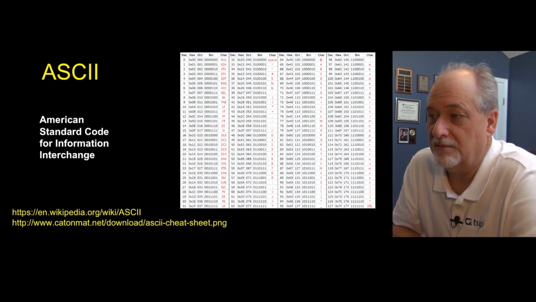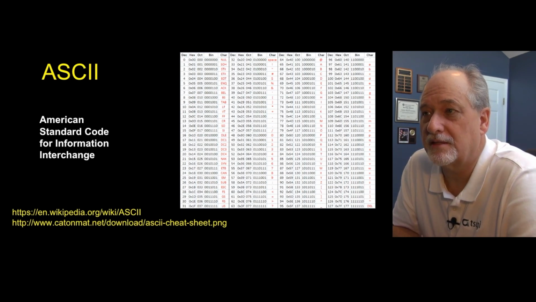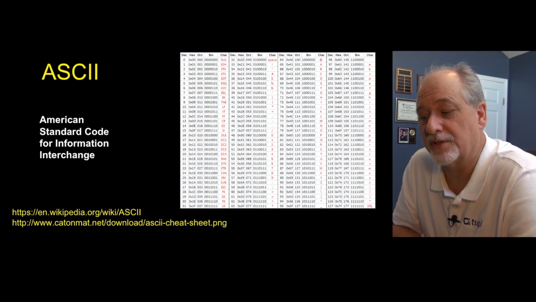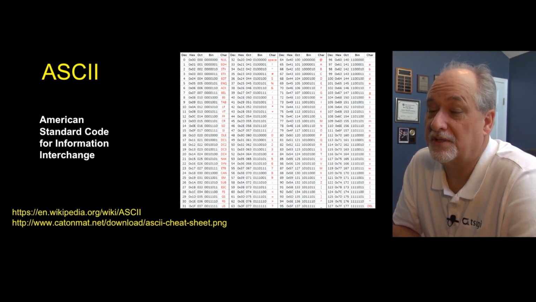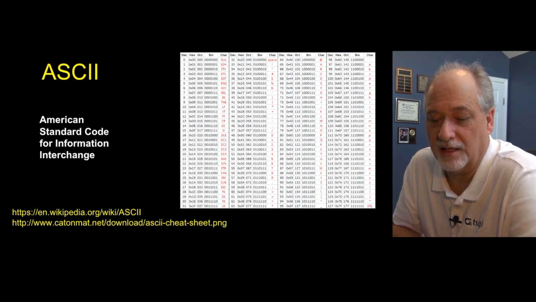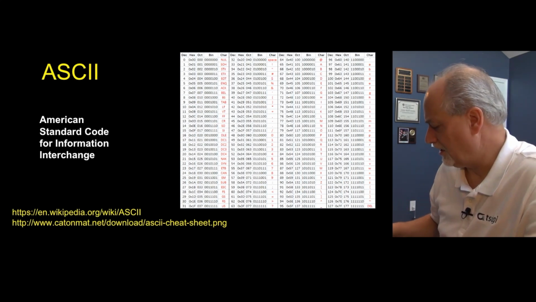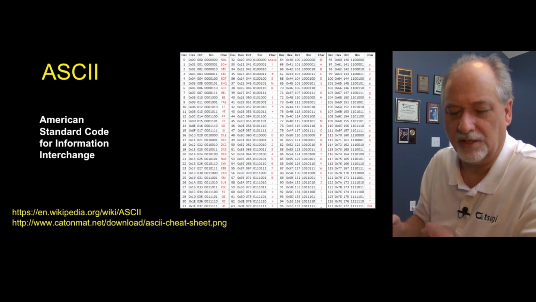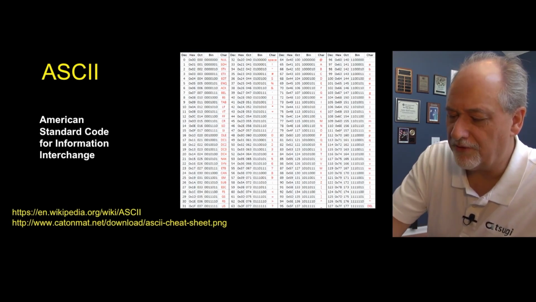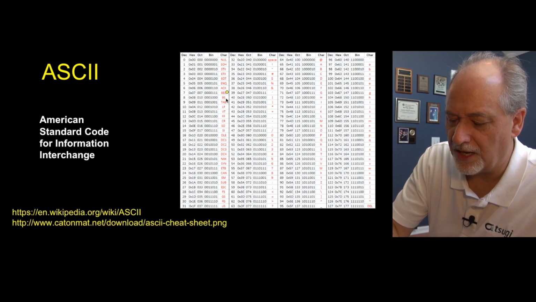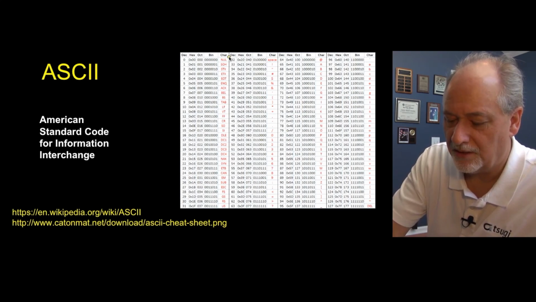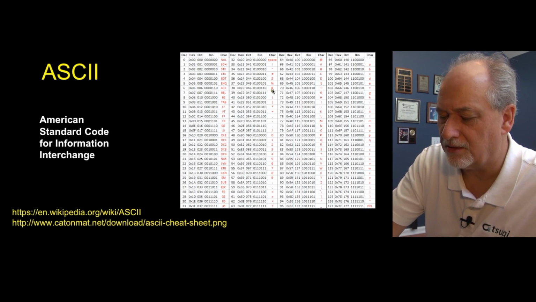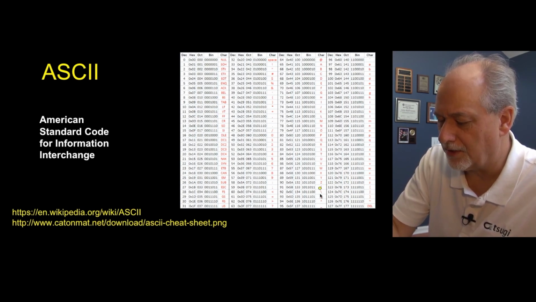Let's go. Didn't matter. And as the 70s and 80s came along, certainly the 70s, we needed some interoperability. And so they standardized on a character set, but certainly in the West, one that did not represent much. If you look at this sheet, for the various characters, there are some non-printing characters, white space, and then some printing characters like the 0, and then the uppercase characters, and then the lowercase characters.